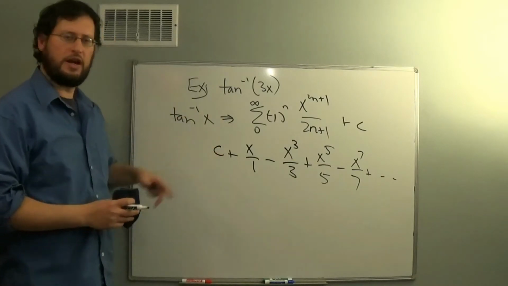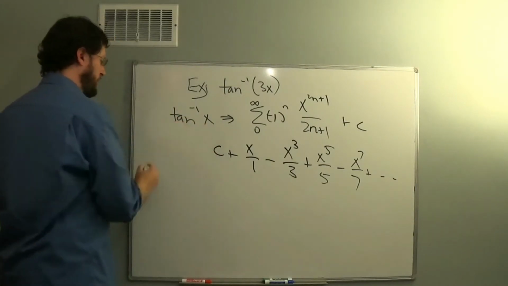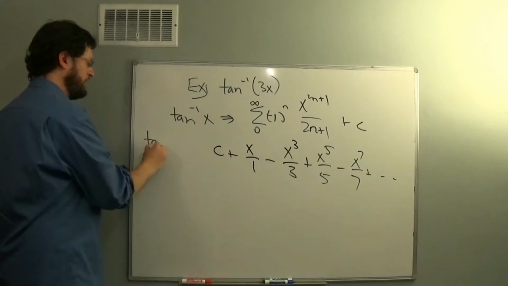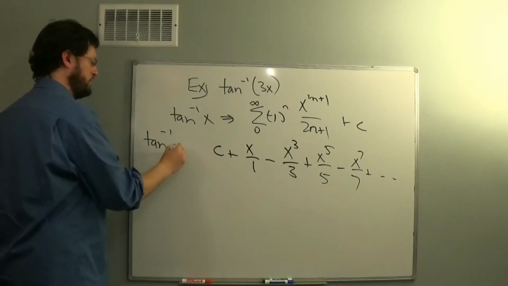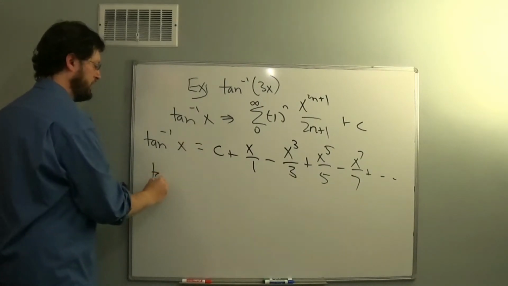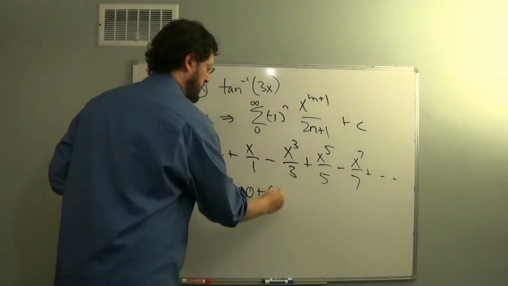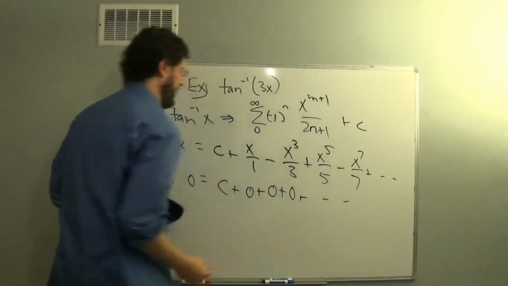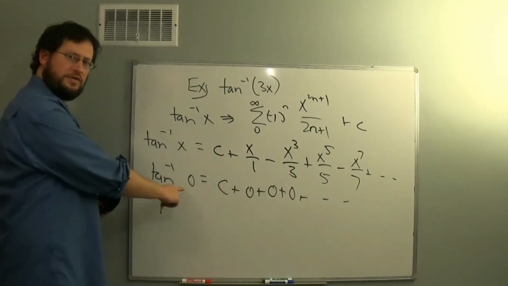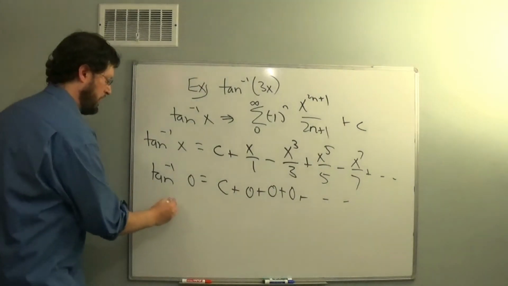But how do I figure out what c is? If I set these things equal, and then I plug 0 in, well then I better get c plus 0 plus 0 plus 0 forever on out. But tan inverse of 0 is 0.